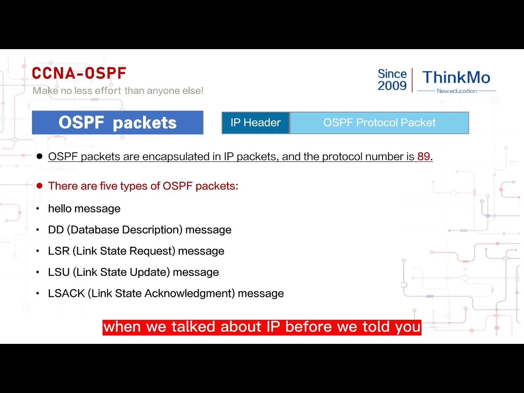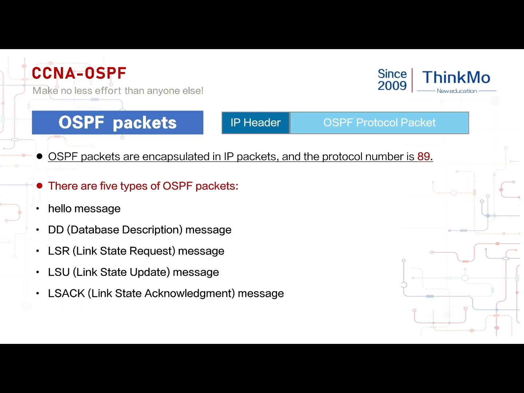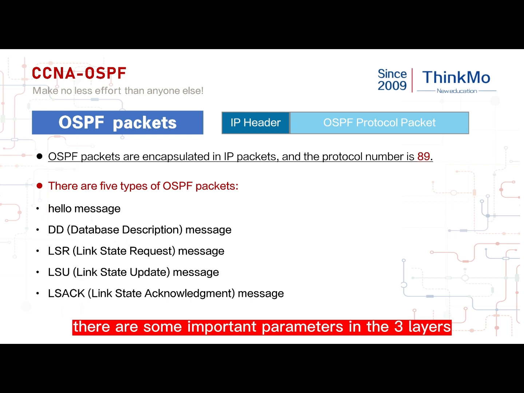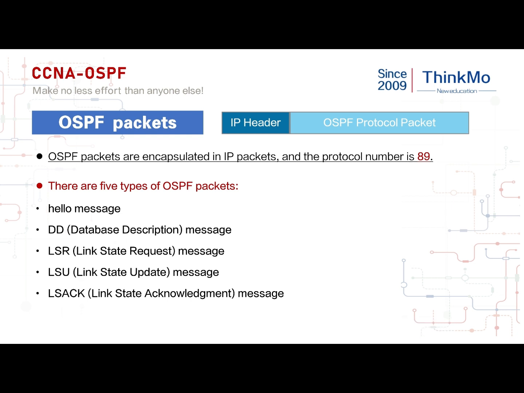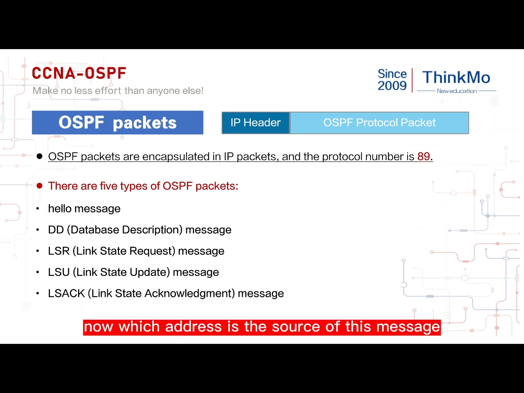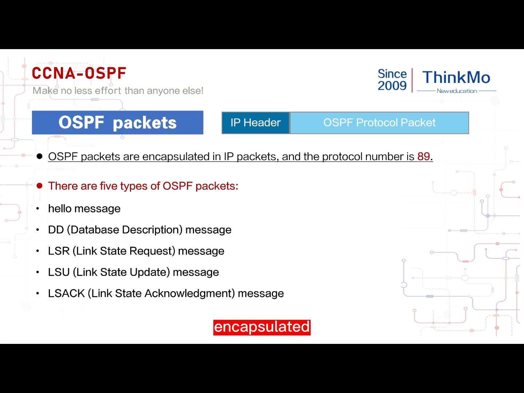When we talked about IP before, we told you there are some important parameters in the 3 layers, e.g. source IP and destination IP. The source IP is the address from which this message is encapsulated. Generally speaking, this is the IP of the outbound interface that sends the message. For OSPF, there are only 2 destination IPs.